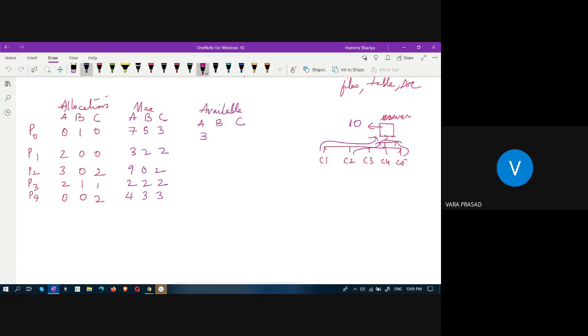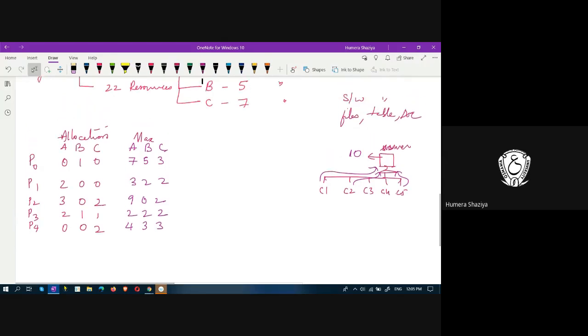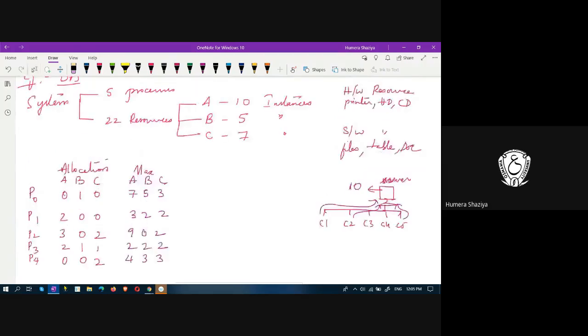I think there is a confusion here. Let me write available here. These are total resources. Now, what are the available resources? To find out the available resources, you have to compute the sum of the allocation.